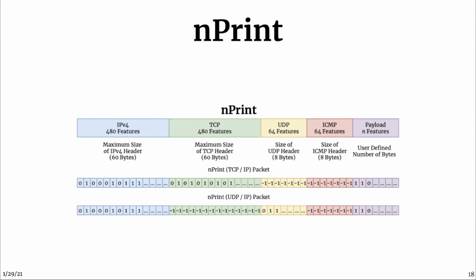It's inherently normalized, and the way it's inherently normalized is, once again, we're using bits. And we're going to fill any feature that doesn't exist. So for example, in a TCP packet, we're going to fill the UDP bits with -1 to denote to the classifier that those bits did not exist in the packet.